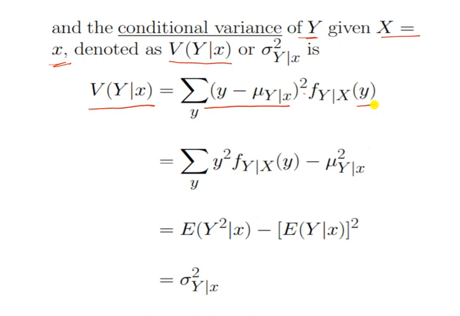Simplifying this we obtain summation y square f of y given x of y minus mu square y given x. After the simplification we obtain the variance of random variable Y given capital X is equal to small x, denoted by sigma square y given x.